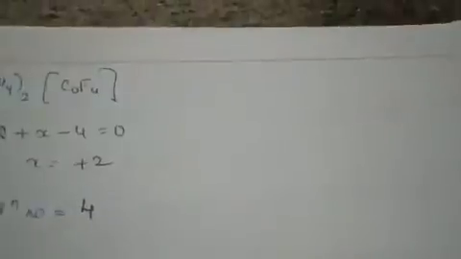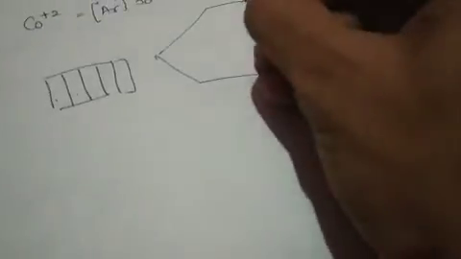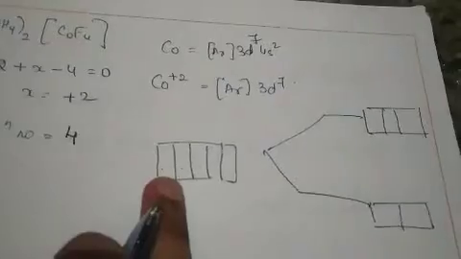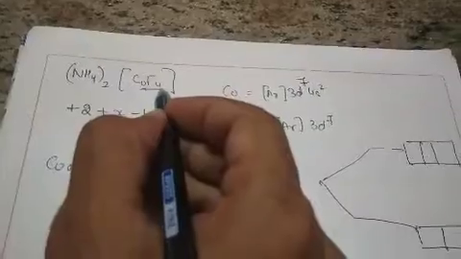So it's a tetrahedral complex. We know that cobalt has the configuration argon 4s2 3d7, but cobalt in the +2 state will have argon 3d7. From the crystal field splitting, in tetrahedral we also have 2 splits, with the higher part being T2 and the lower part being E. So how will the 7 electrons be accommodated? Given is fluorine, which is a weak ligand.